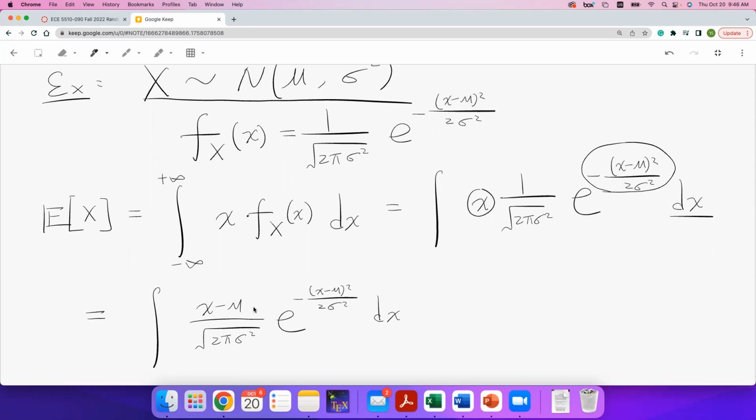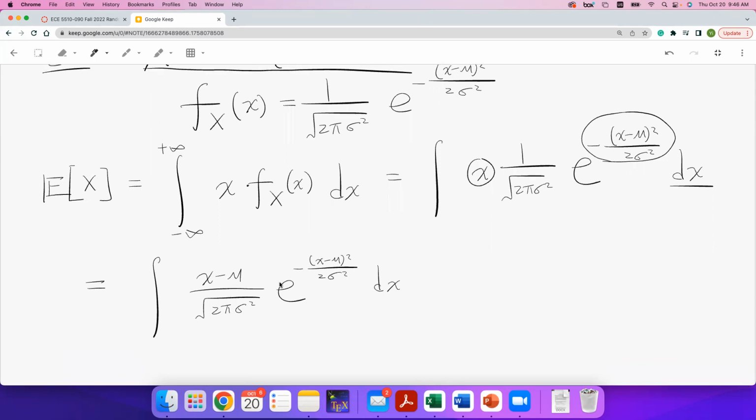I can add a mu for free because I'm integrating over infinity.